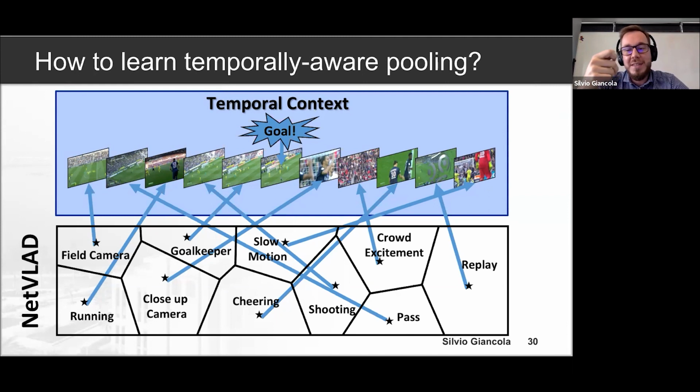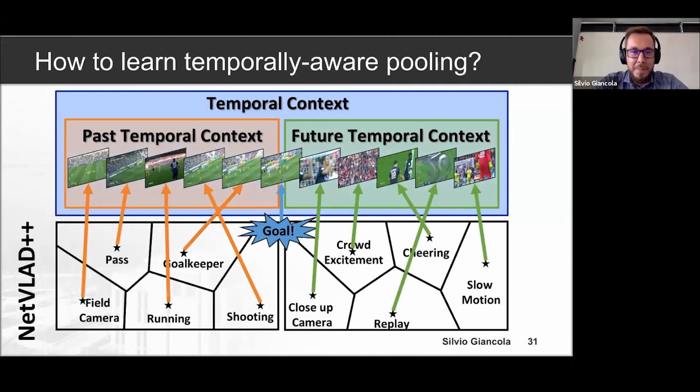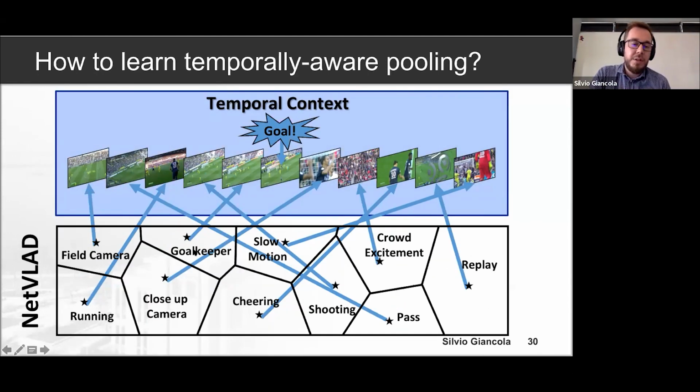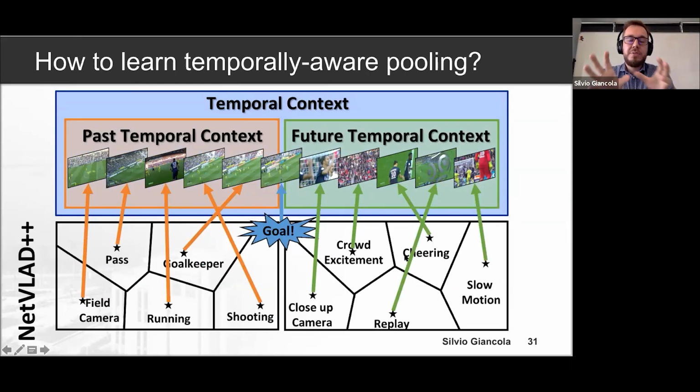So the whole idea of this NetVLAD++ is the following: can I split the cluster vocabulary that I'm learning? Rather than having one big vocabulary for the whole temporal context, I don't know if you've seen, but it was 10 different concepts, such as goalkeeper, cheering, shooting. Can I split half of those clusters to belong to the future temporal context and half of those clusters to the past temporal context?